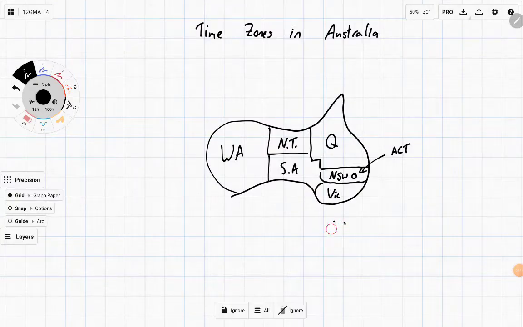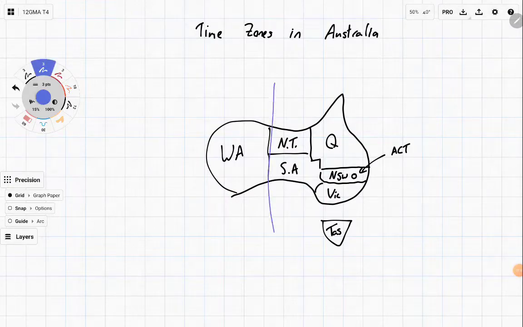Let's make Tassie a little bit bigger. Alrighty, so these are the different states in Australia, and each of them have slightly different time zones. So we break it up into thirds essentially. These are the kind of markers.